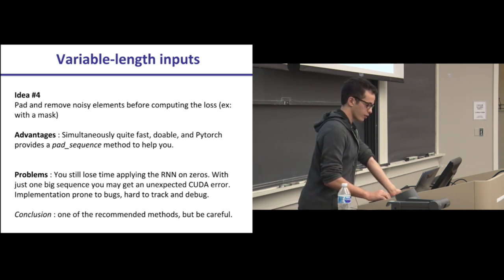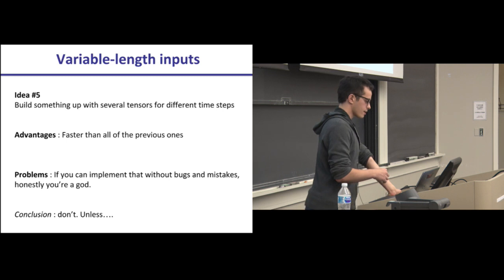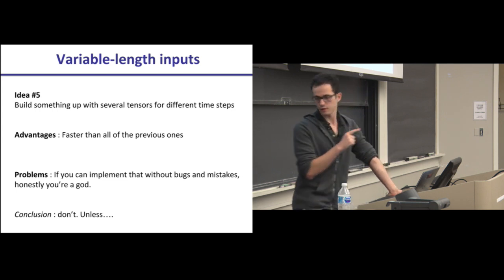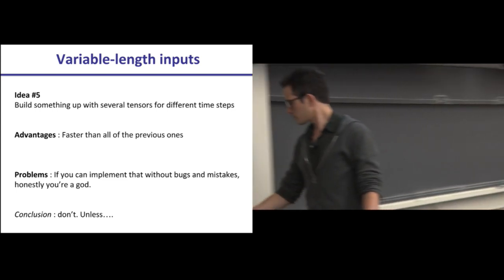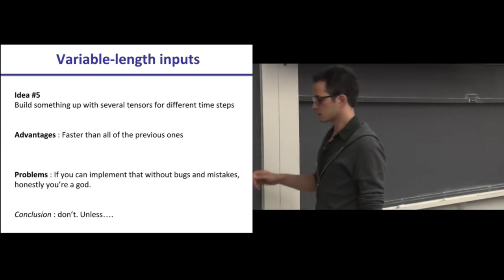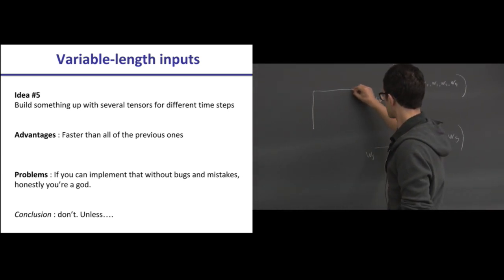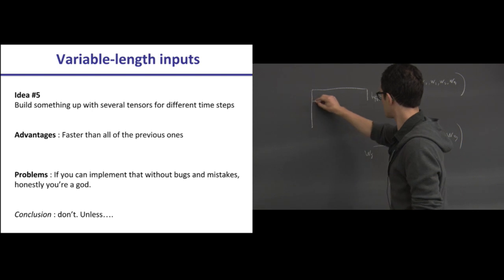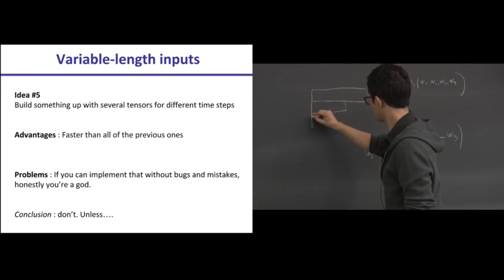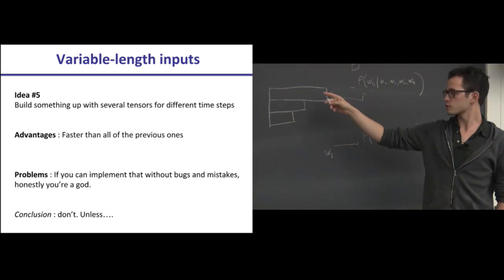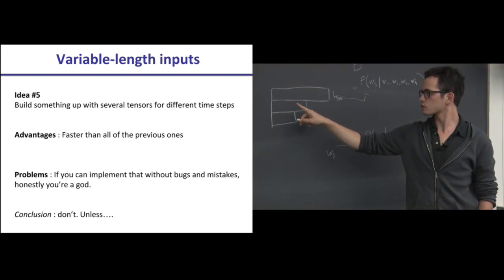Now, another thing you might want to do is just feed the network with what you want to feed it with. Let's say you have a batch like this. So you've got a batch of 3 elements: one long sentence, one medium sentence, one short sentence.